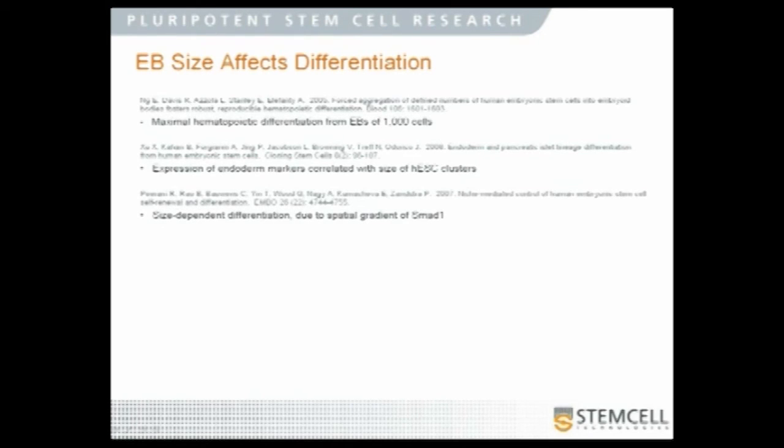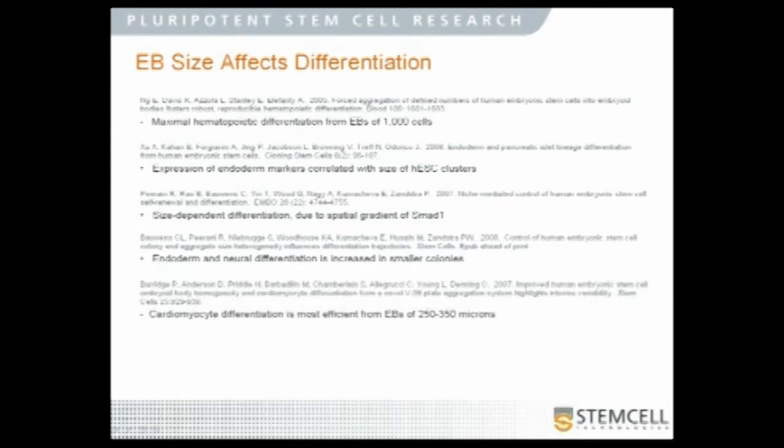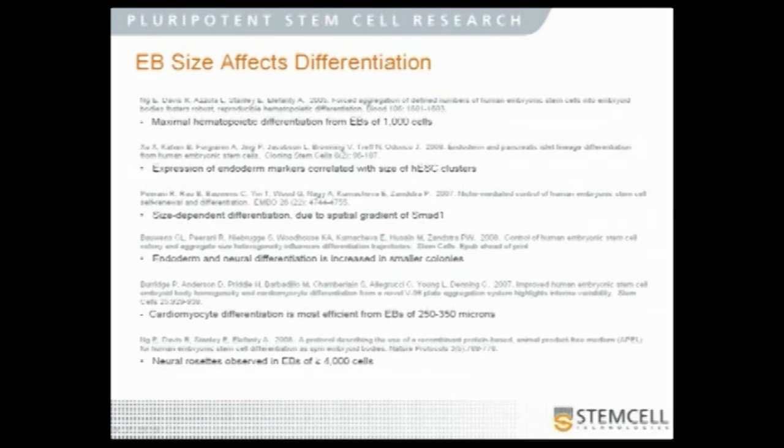A couple of papers from the Zandstra lab, Rahim Pirani and Celine Bauwens, looking at endoderm and neural differentiation versus colony size, and also looking to some extent into the mechanisms that may be driving this. The Burridge et al. paper looking at cardiomyocyte differentiation from EBs compared across specific size ranges. And then another paper from Elizabeth Ng in the Elefanti lab looking at neural rosette formation in larger size EBs.